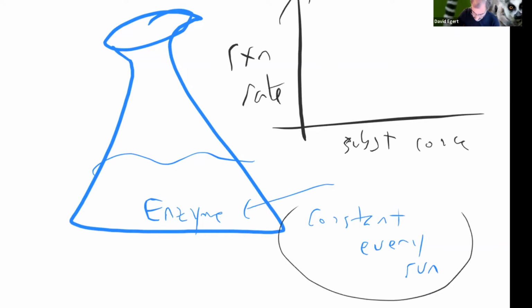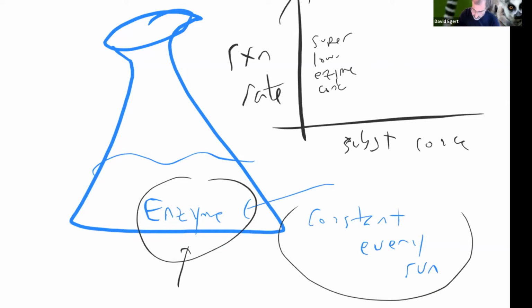If the enzyme was super low to start with, it would level off faster. Yeah, exactly. I might pretty much be at saturation at the beginning and never really see much interesting going on.